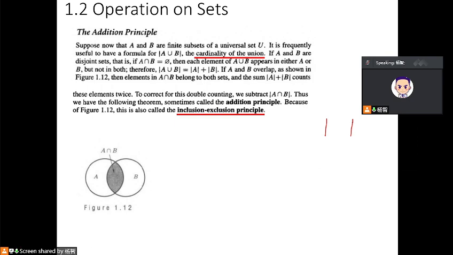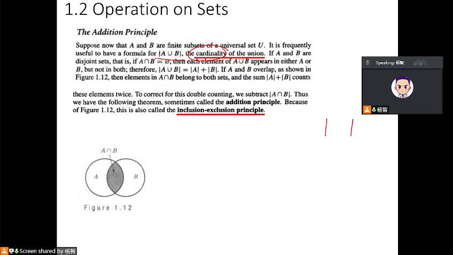Do you remember the cardinality of a set? It means the number of elements of a set. So this expression means the cardinality of the union of A and B.